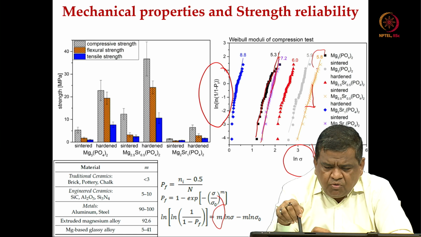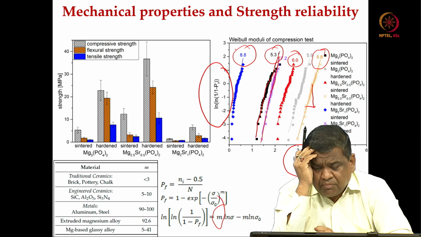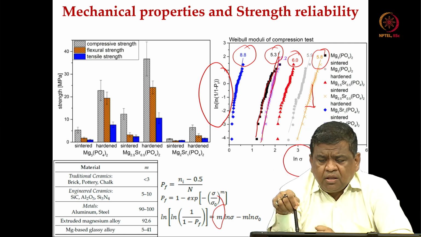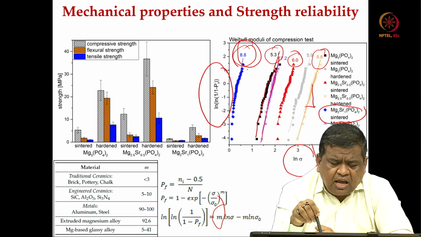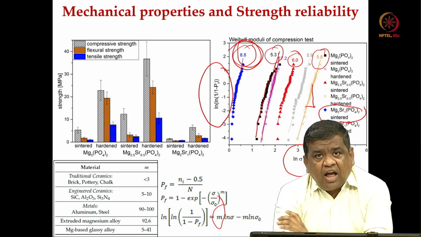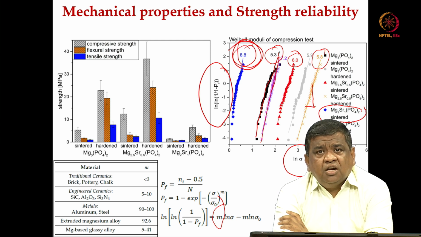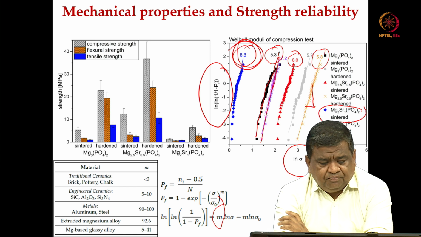And this m value has been mentioned consistently on top of the plot corresponding to each of these data sets. If you look at the blue one, that is magnesium 2 strontium 1 phosphate, there the Weibull modulus is 8.8, close to 9. This is again quite a good number as far as the Weibull modulus of this kind of porous bioceramics is concerned.